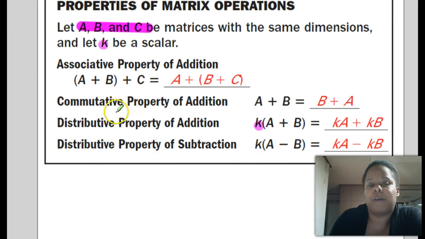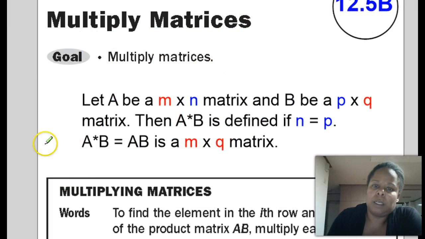So let's talk about what happens if, instead of adding or subtracting 2 matrices together, I want to multiply 2 matrices together. In order to multiply matrices, they don't have to have the exact same dimensions, but something does have to match.